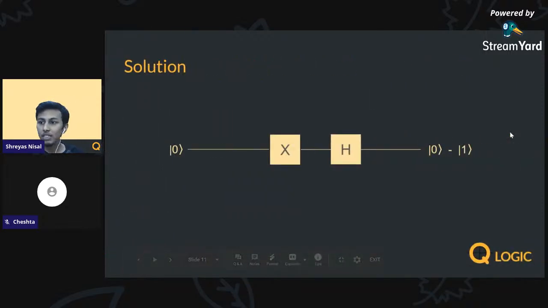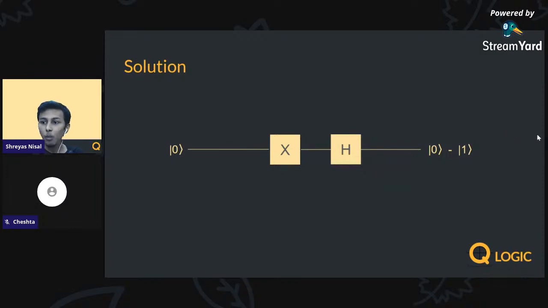If you're thinking of this, I did see a couple of comments who were thinking of this solution, and that's perfectly correct. The solution is to put an X gate followed by an H gate. The X gate is going to convert the qubit in a 0 state to a 1 state, followed by the H gate converting the qubit in the 1 state to a 0 - 1.